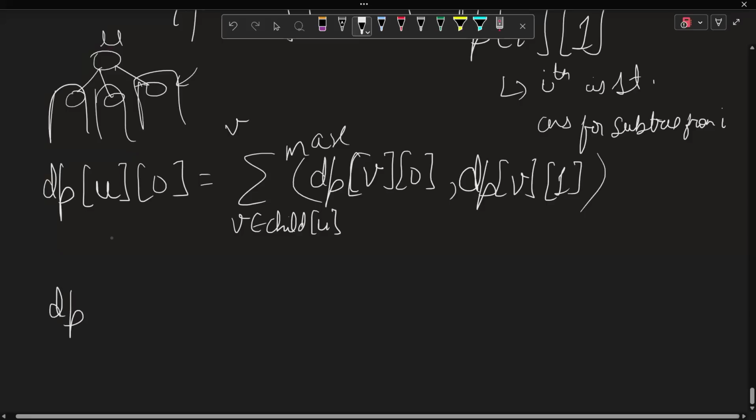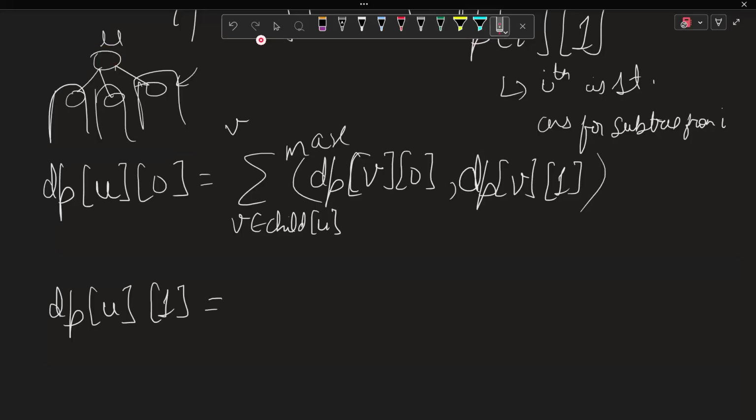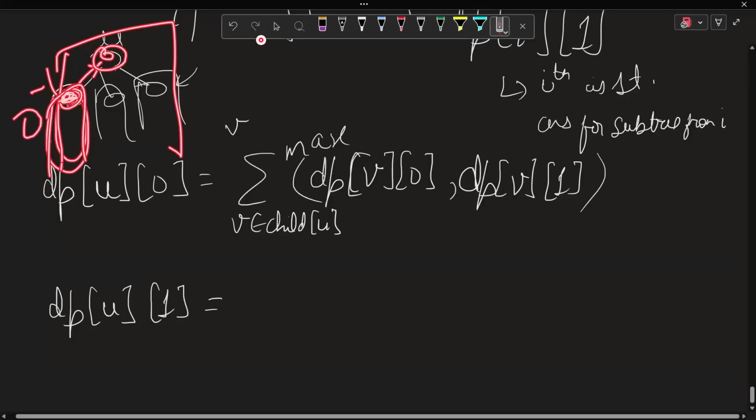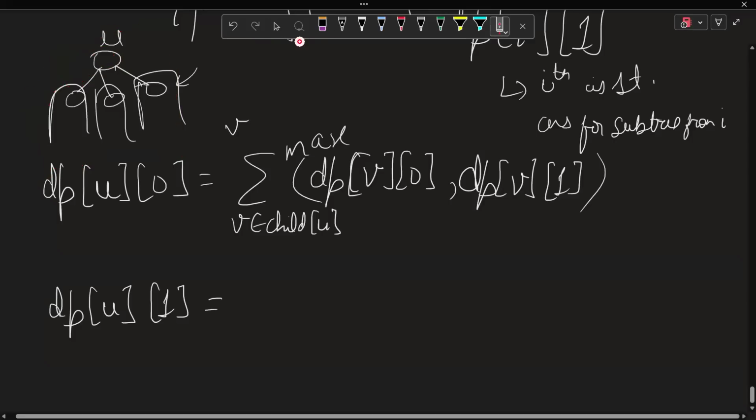And what would be the transition if this u node is selected? Now, since this u node is selected, suppose this subtree is taken independently and I have found my answer. Now what would be its contribution if it is selected? If this was selected, we would subtract from its contribution, and if it was not selected, we would not.